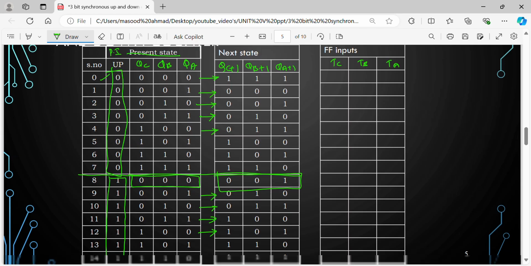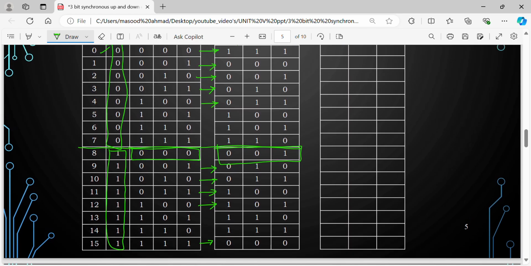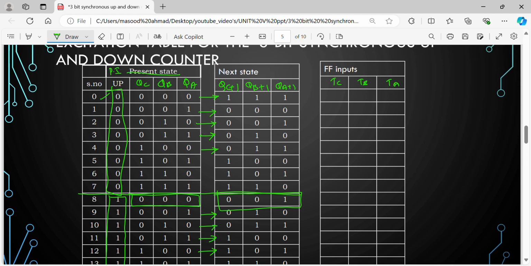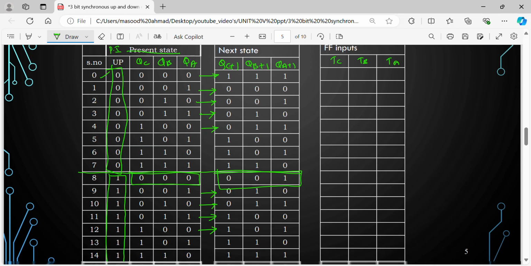Because of that we are going to get 0 to 15 cases, totally 16 cases. But if I take individually any up counter or down counter, only 7 cases. Now because the inputs are 4, I need to use a 4 variable KMF. In the 3-bit up counter or down counter, we used just a 3 input KMF. Now we need to use a 4 input KMF. That's all.